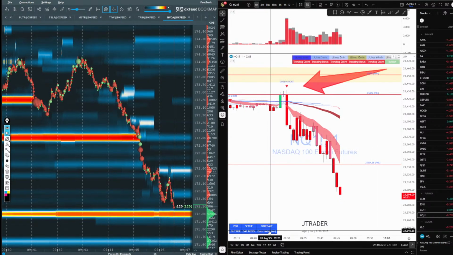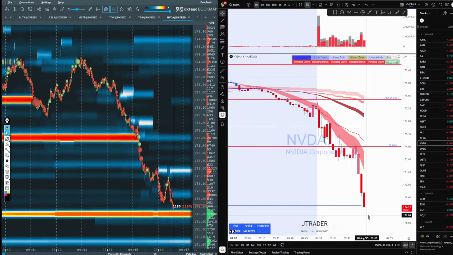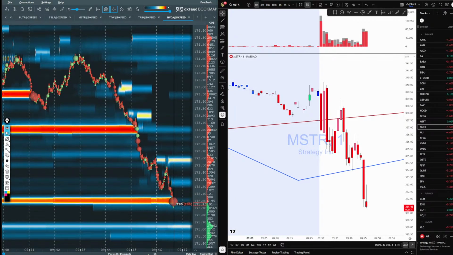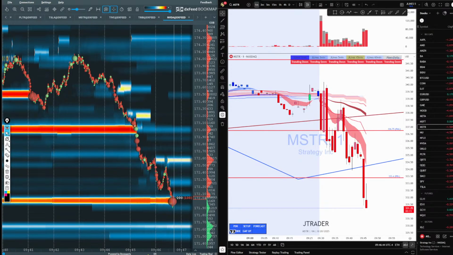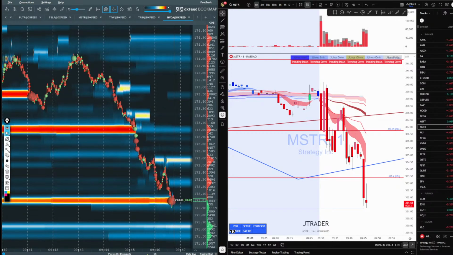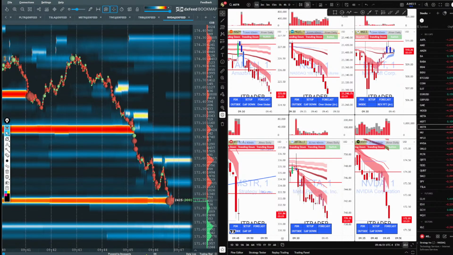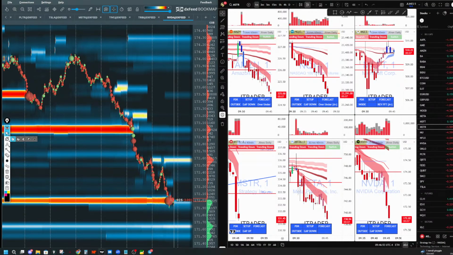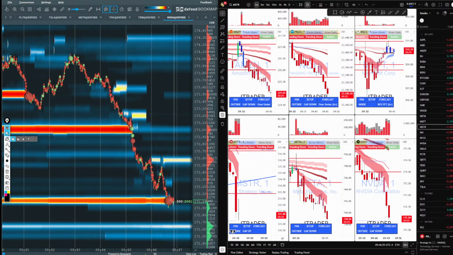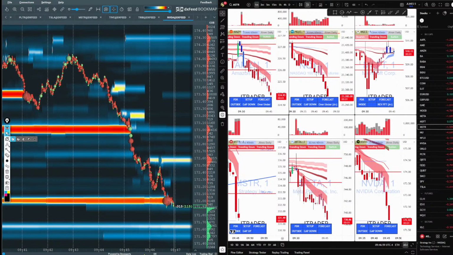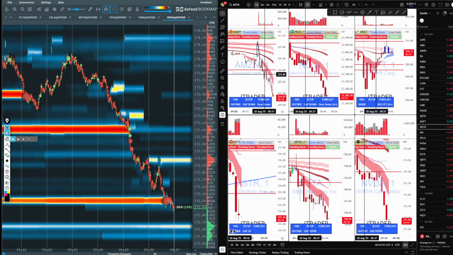Always you can see over under. Okay, you have this on your template, over under. So it gives you simply the setup to trade. $171.